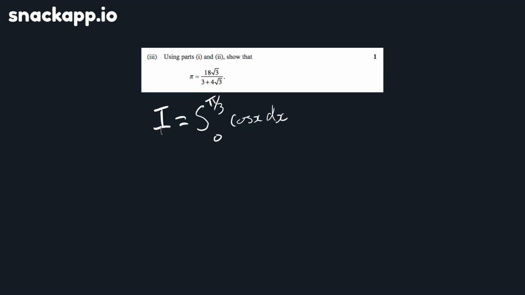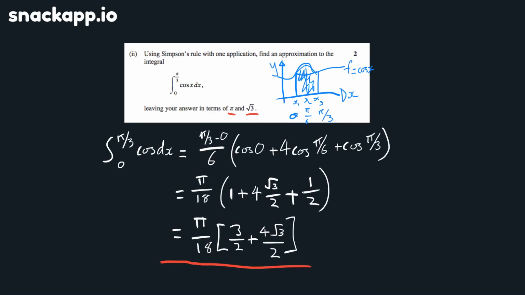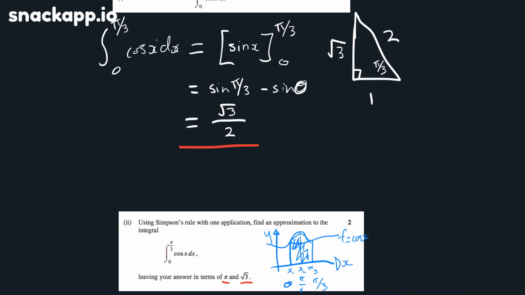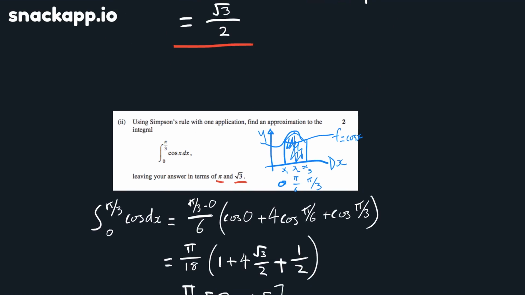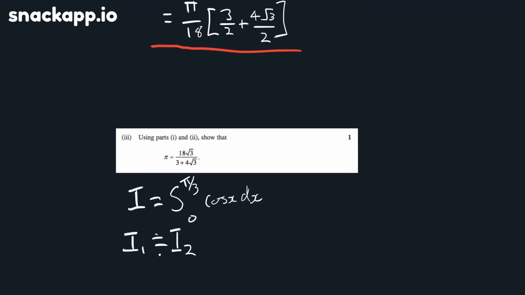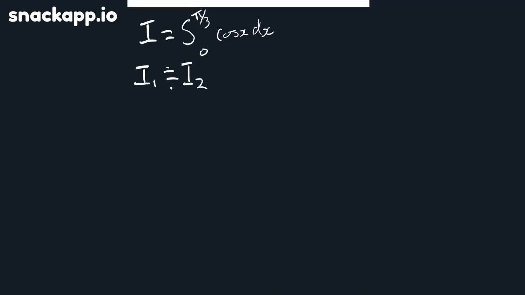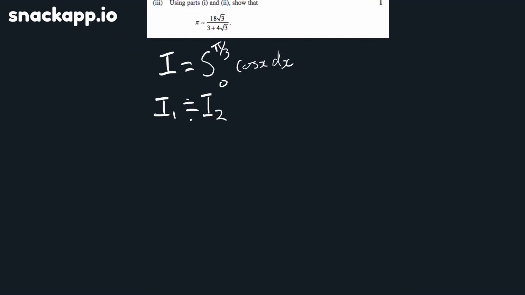So what I'm going to do is make those two equivalent, right? We're going to say I1 is approximately equal to I2. Because if we go back and look at our answers, we've got a pi in here, and we've just got numbers in here. So if we make those two equal to each other, we can rearrange it and get the pi on its own, okay? And that's what it's looking for. It's pi equal to some sort of fraction, okay? So let's see if we can make that happen.